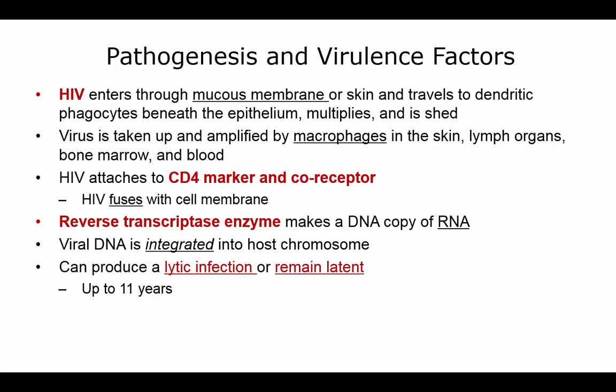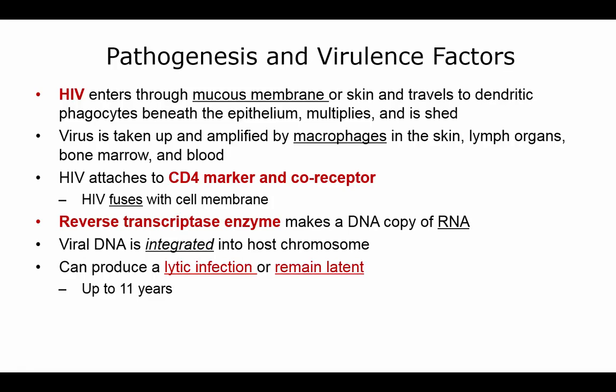The way it enters is through the mucous membrane or the skin, and it goes to the dendritic phagocytes beneath the epithelium, where it multiplies and gets shed, and it's taken up by macrophages in the skin, the lymph organs, the bone marrow, and the blood. Then it attaches to the CD4 marker and co-receptor and fuses with the cell membrane.